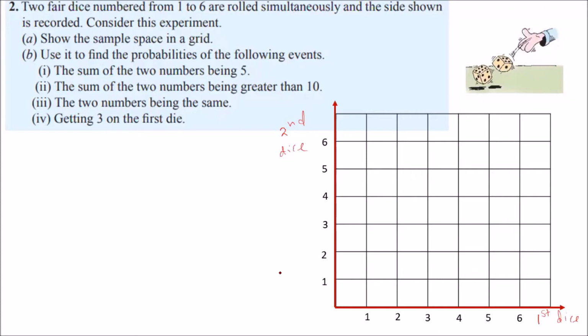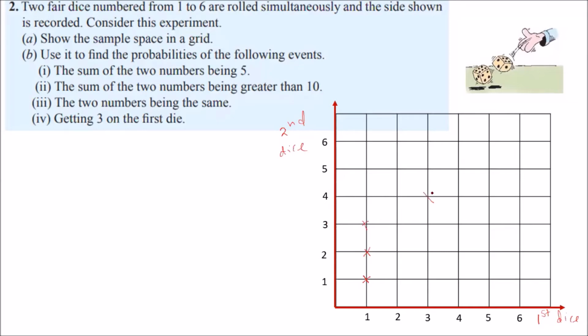Then we can mark all the events. Getting 1 from both dice. Here, getting number 1 from the first die, 2 from the second die. Now this one represents number 1 from the first die, 3 from the second one.